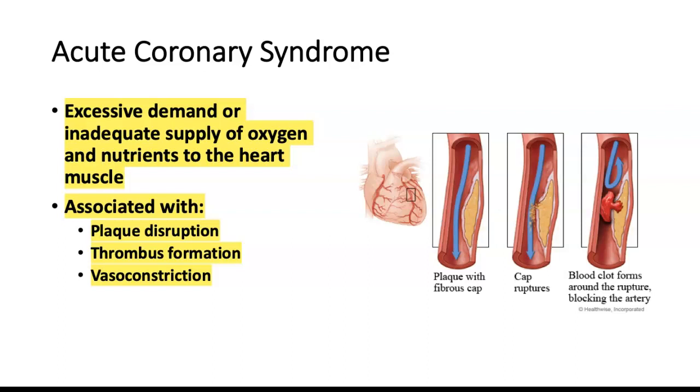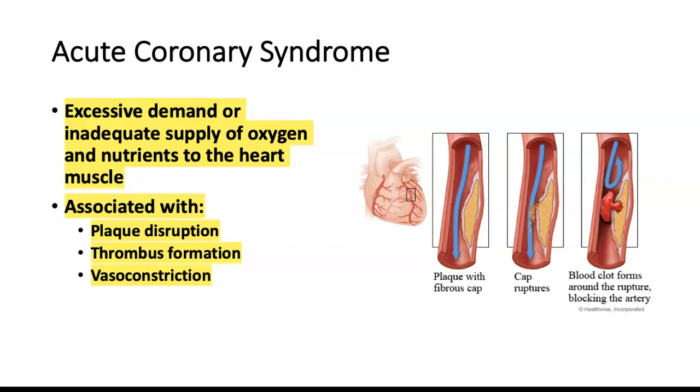This can be associated with disruption of atherosclerotic plaques, a thrombus formation around the plaque, or vasoconstriction. Atherosclerosis causes a narrowing or a stenosis of the coronary vessels, and it can be in one or more of these vessels.